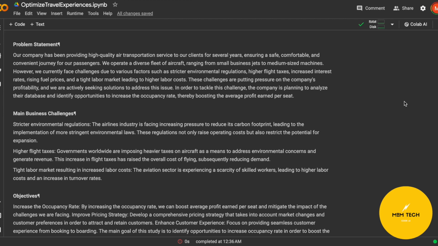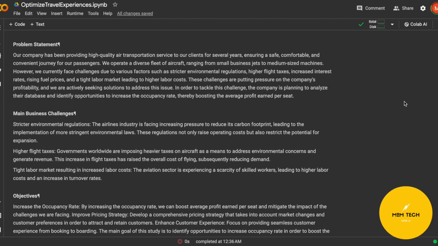And these challenges are impacting the company's profitability. So, the company does have certain mitigation strategies, which include increasing the occupancy rate to boost the average profit earned per seat, improving the pricing strategy to adapt to the market changes and customer preferences, and enhancing the overall customer experience from booking to boarding.